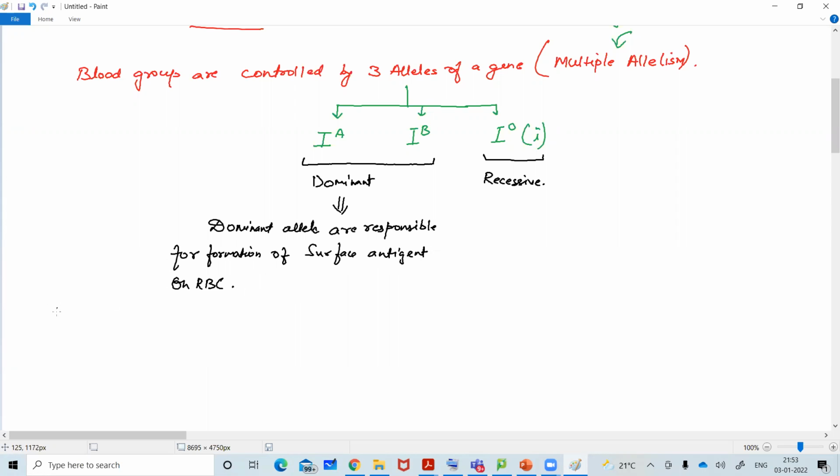Okay, so let's take a condition. If antigen capital A is there on RBC, then plasma will have antibody B. So you can say plasma will have antibody B, or you can write anti-B.